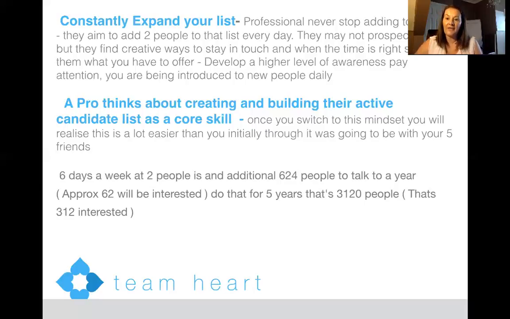So when you think of it and you change your mindset from, oh, I'm going to give this a go, to, I am going to learn the skills that professionals use to make a full-time additional income, something that pays all their bills, or those people that are making $10,000 a month and those people that are making $1 million a year in this industry. Once you switch to committing your mindset to that and not just giving this a go, you'll start to see that this business is a lot easier than you thought it was going to be.